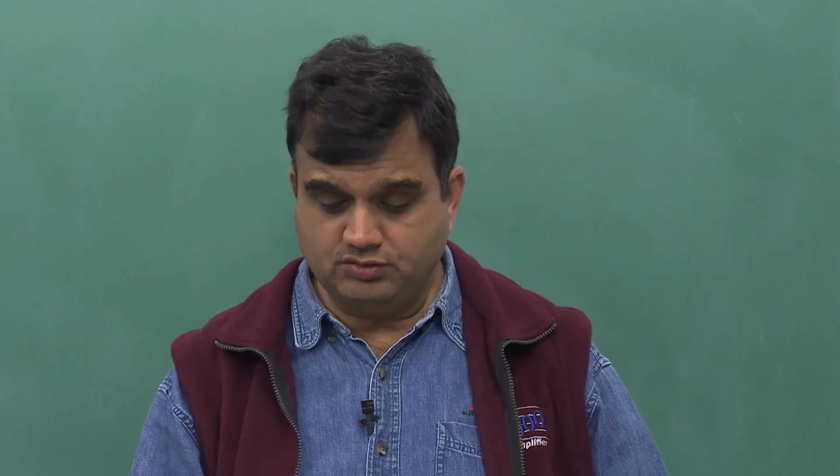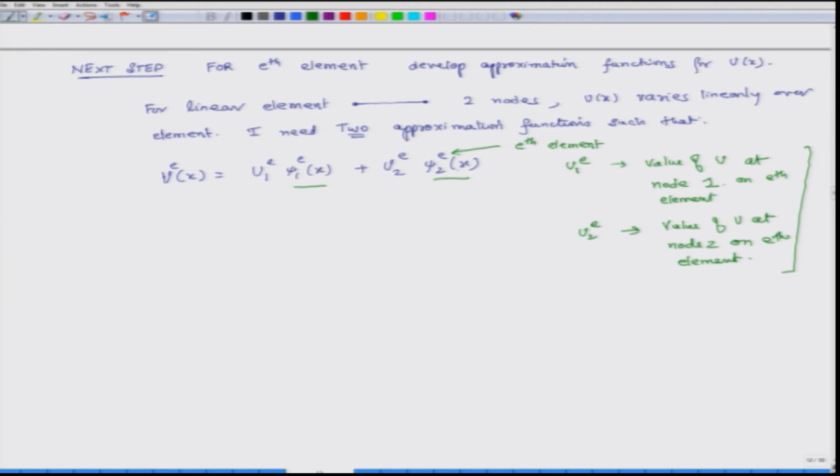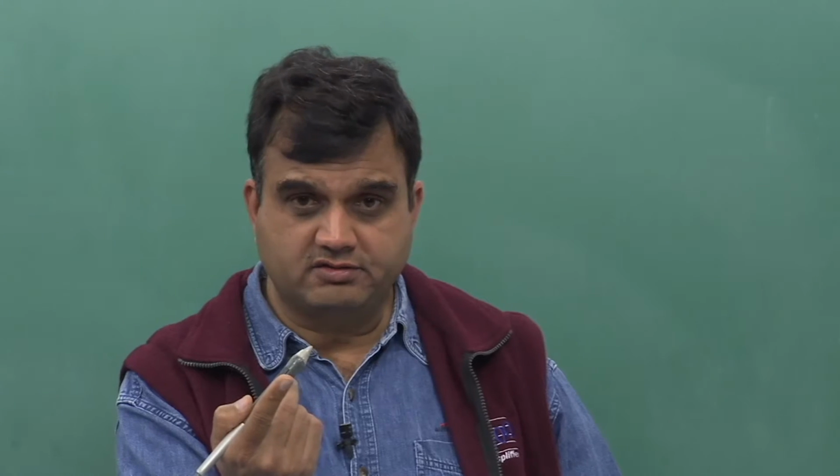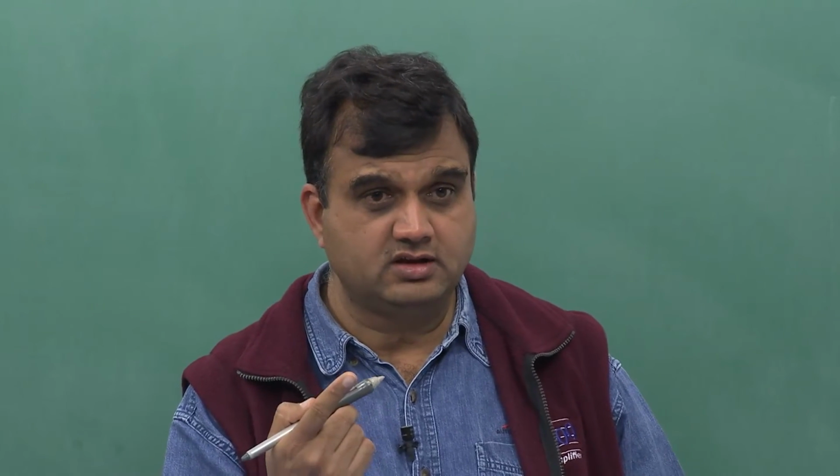At this stage, we do not know what is the nature of psi 1 and psi 2. So, we have to figure out. Now, because it is a linear element, psi 1 can only be a linear function, and psi 2 also can only be a linear function. Okay.